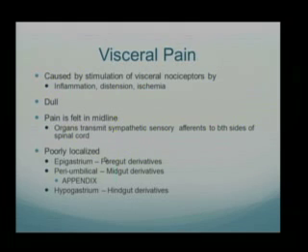It's usually poorly localized, and the site of pain is determined by which part of the gut the organ derived from. So if you have epigastric pain, classically the organs that are derived from the foregut would be responsible for that, such as stomach, duodenum.